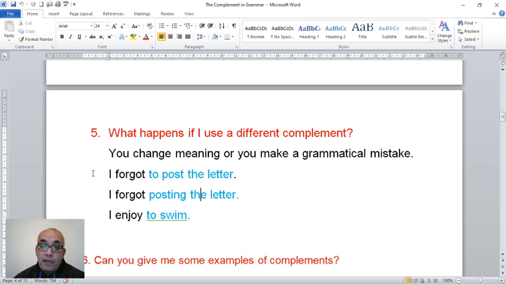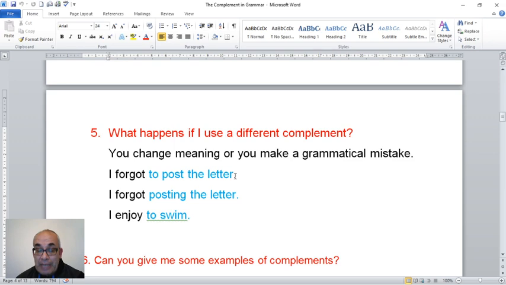Of course, this is correct, this one is correct, and this one is correct. So this complement is different from this, and both are correct, but if you use different complements, you change the meaning. So I forgot to post the letter.